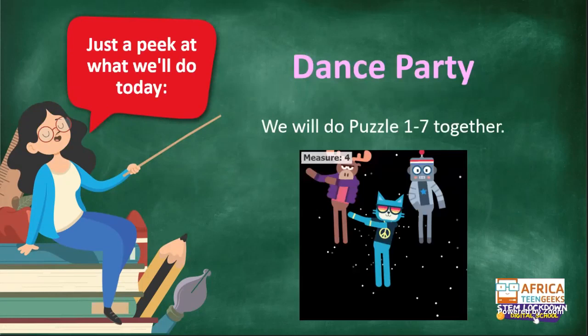We will go to code.org. We will do puzzles 1 to 7 together. And I'm sure you will love it a lot because these characters are really cute and they do the funniest little dance moves. So I think you guys will really enjoy playing around on this platform.